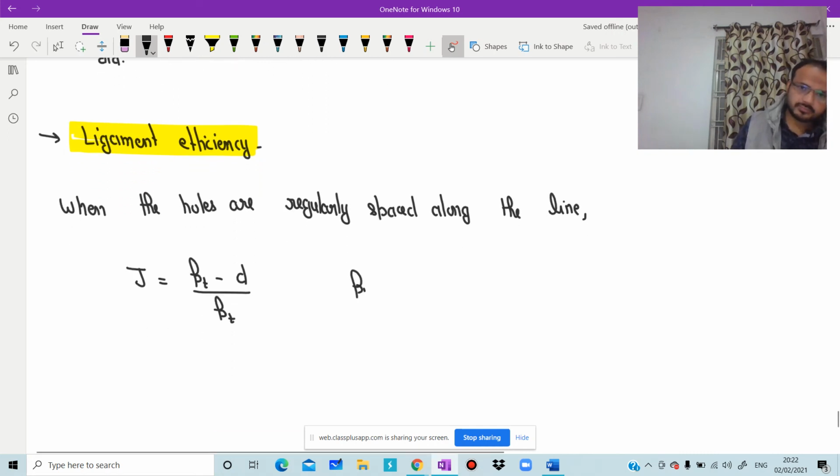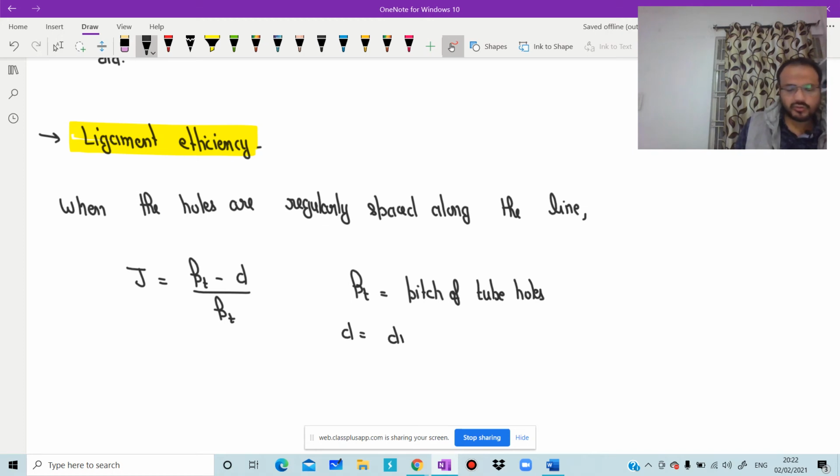PT is the pitch of tube holes and D is the diameter of tube holes.